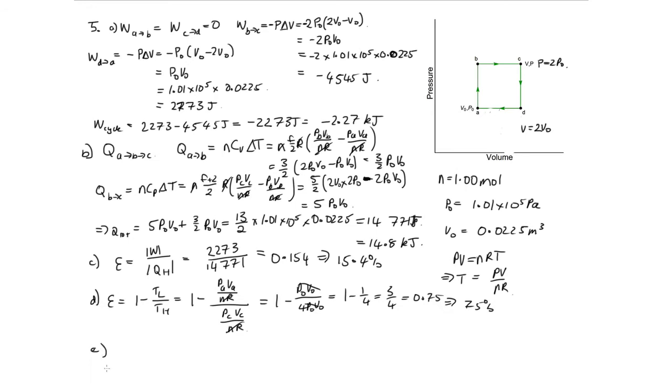And then part E goes on, is this greater than or less than the efficiency calculated in C? And it is greater than. It has to be greater than because the greatest efficiency is for a Carnot engine. So this is greater than C as expected.